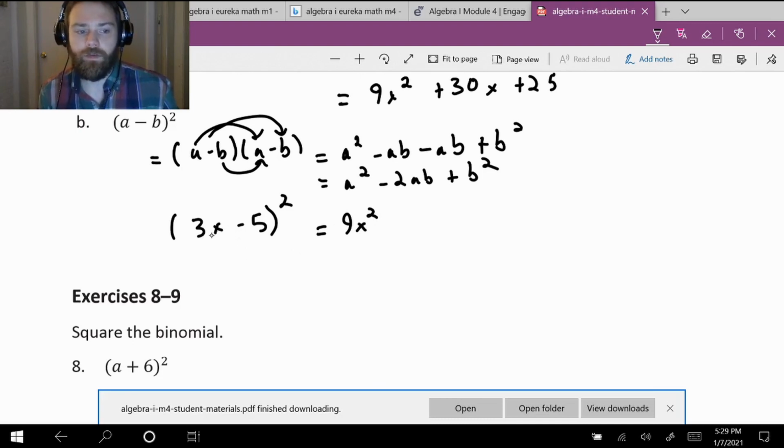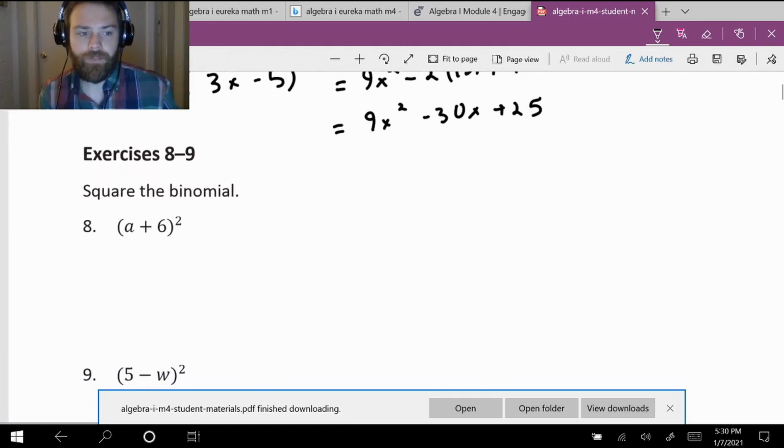And then it's going to be negative 2 times 3x times 5, so negative 30x. And then b squared will be negative 5 times negative 5, which is just 25. So these identities make it quicker to deal with certain things as long as you can remember the formulas.